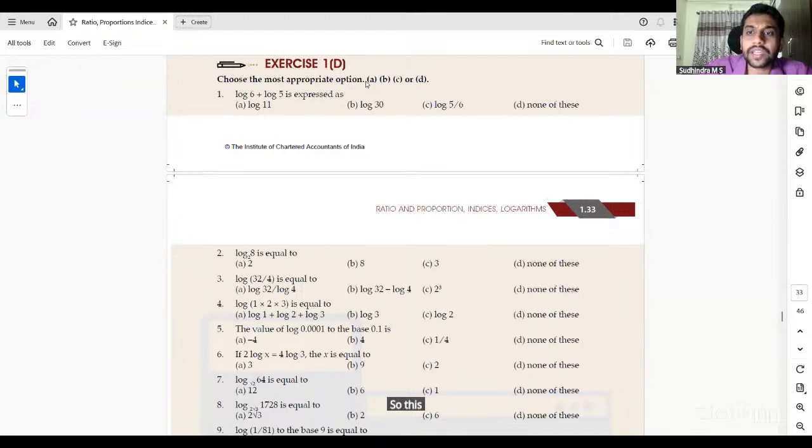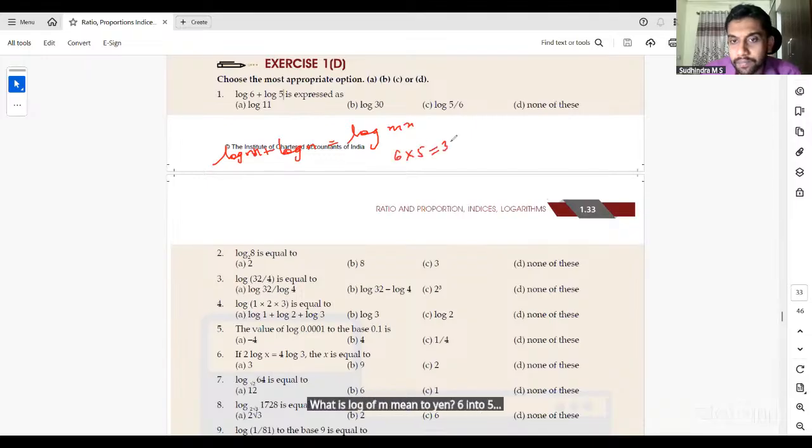So this is plain application of that property. Log m plus log n is log of m into n, the property that we learned yesterday. What is log of m into n? 6 into 5, 30. So log 30 is the answer. Clear? Everyone? Yes, sir. Same way, come to question number 5.